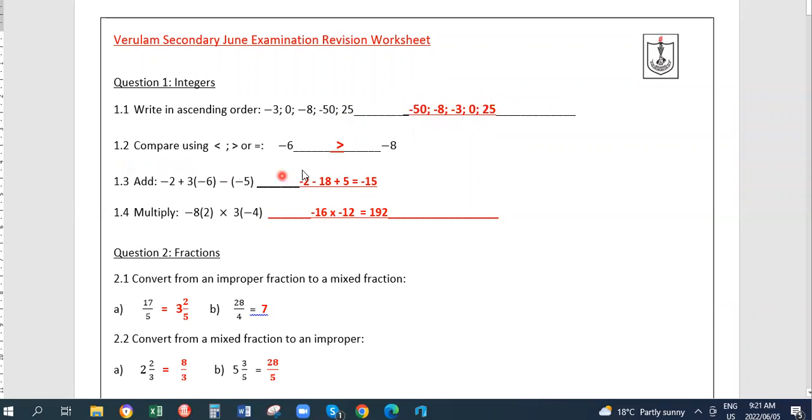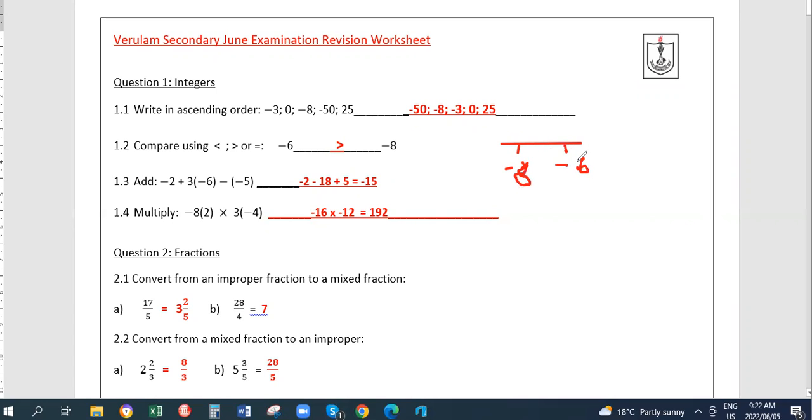When you're comparing integers, always draw your number line in your mind. You find that -8 will be lower down than -6. If you draw a number line, you'll have -8 here, and then you're going to have a -6 on the side.